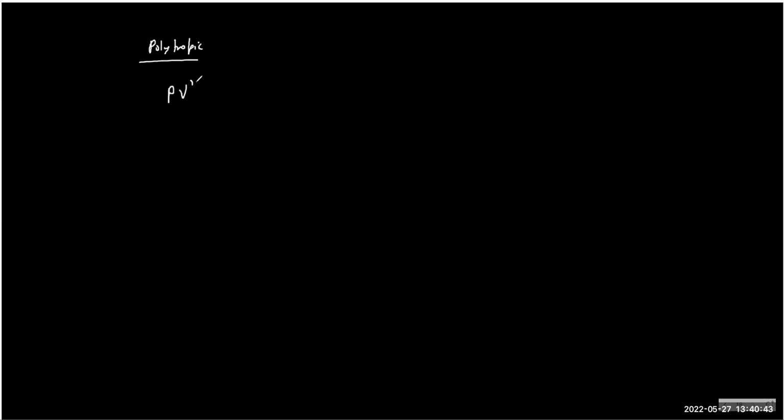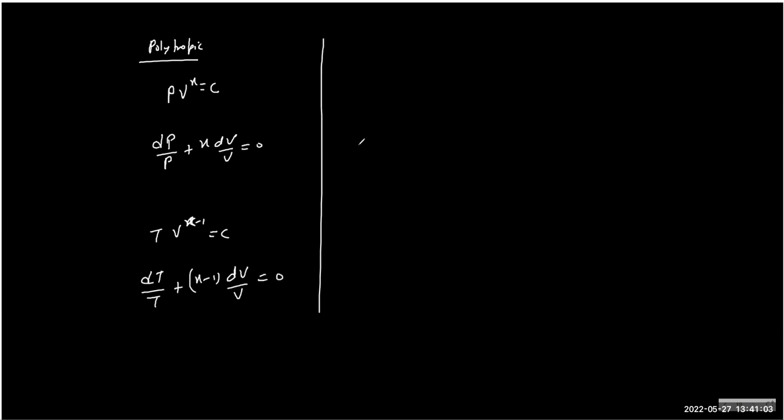So PV^x equals constant, so dP by P plus x dV by V equals 0. And PV^γ, with x minus 1, is again constant, so dT by T plus, yeah, that will be better. You can just use this. Okay, we got the answer.